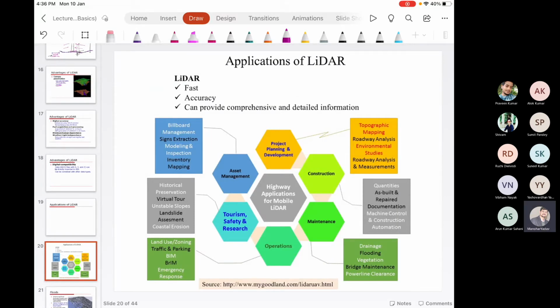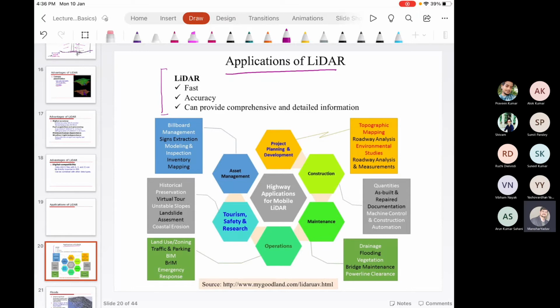Now we will highlight the various application domains of LiDAR. We have already seen that LiDAR is very fast, accurate, and it can provide comprehensive and detailed information compared to other remote sensing techniques.